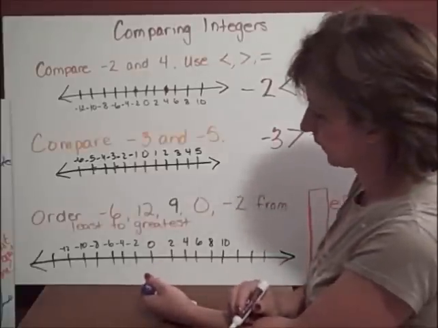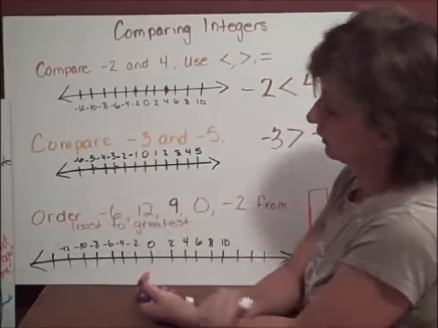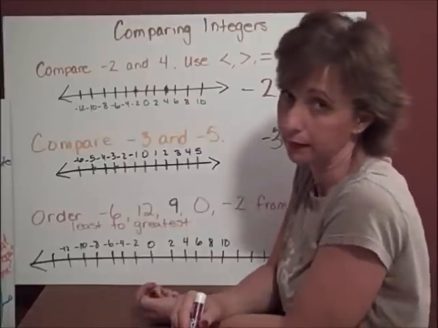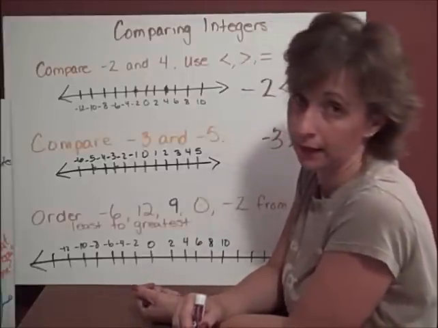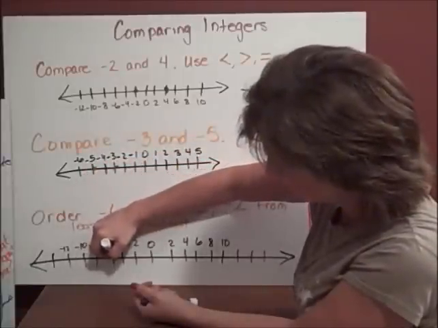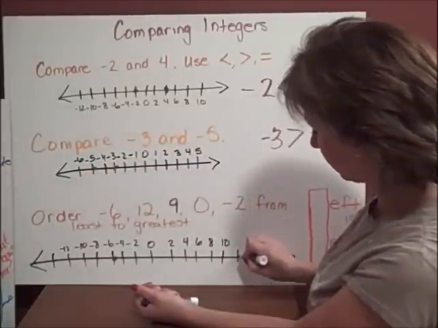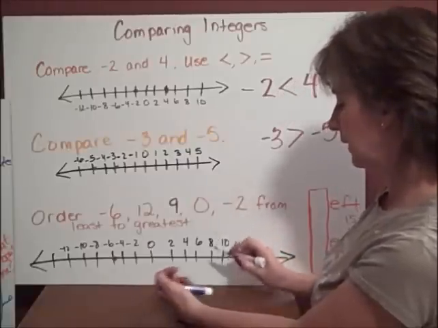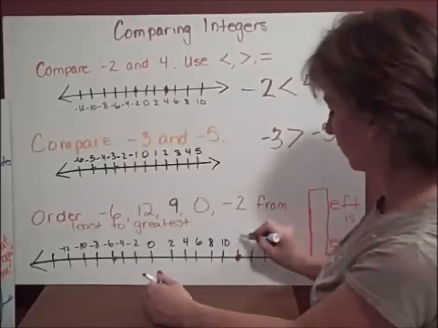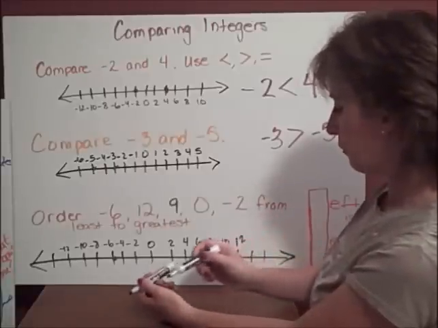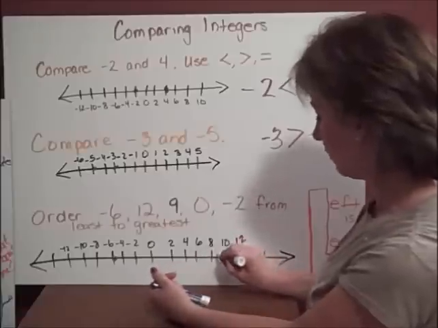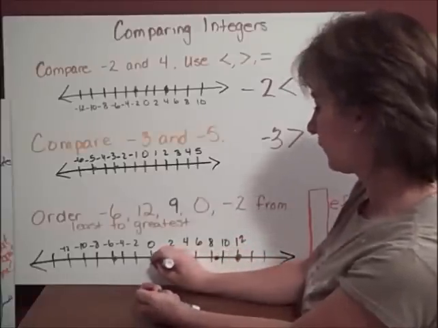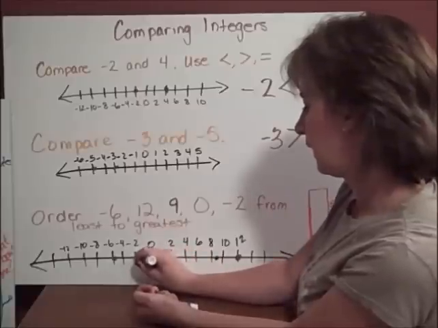Putting these numbers in order from least to greatest could be as simple as plotting them on our number line. -6, 12, 9, which is not necessarily listed on our number line because we're counting by 2's, but we know that we could plot in between 8 and 10, and that would represent 9. 0 and -2.